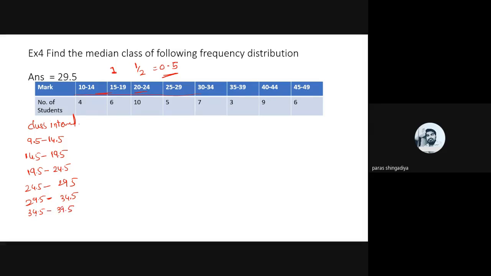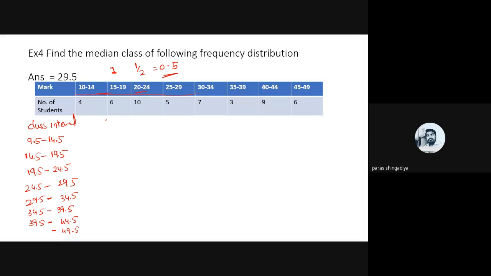And then 40 to 44 will become 39.5 to 44.5. And the last one is 44.5 to 49.5.